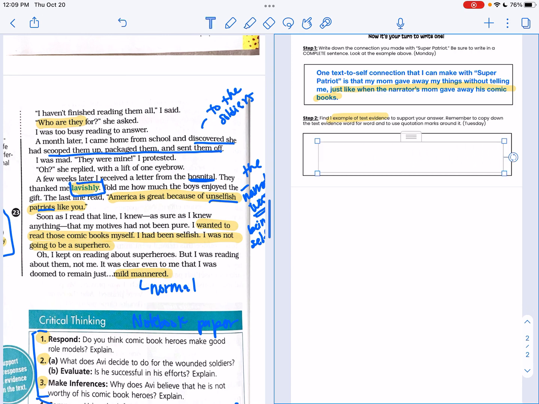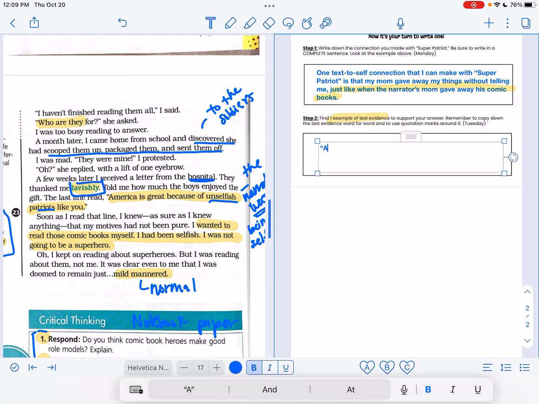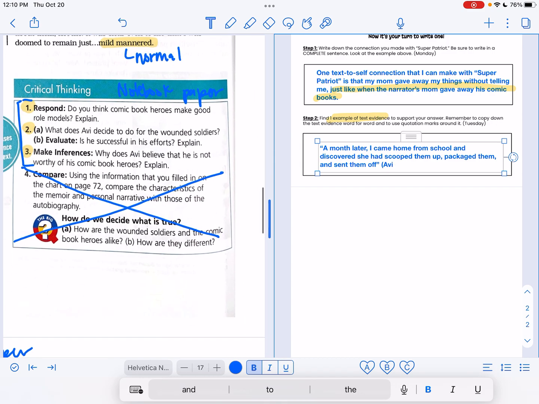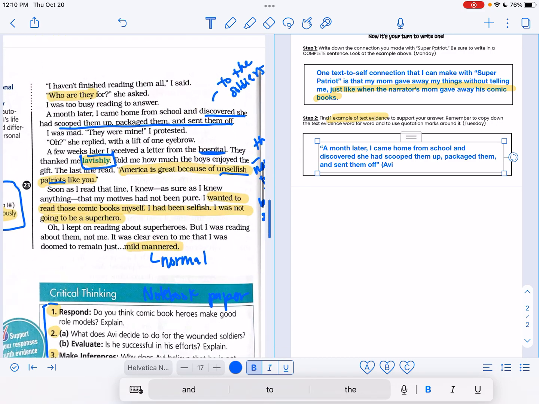That's what I'm going to use in my example. So when we find text evidence from the book, we have to put quotation marks first. "A month later, I came home from school and discovered she had scooped them up, packaged them, and sent them off." And then the author's name was Avi, and the page number is 84.